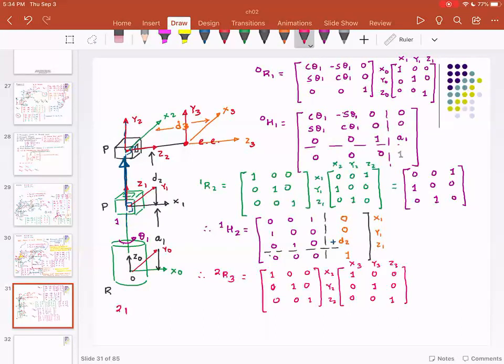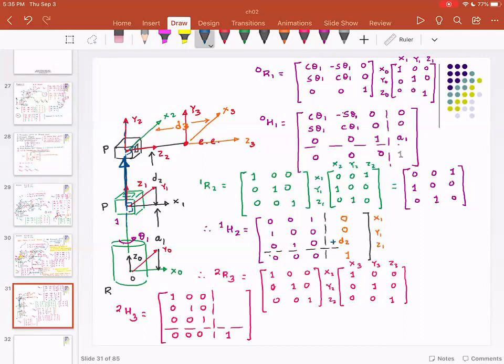So 2h3, the homogeneous transformation, is going to look like 1 0 0 0 1 0 0 0 1, 0 0 0, and you're going to have 1 over here.